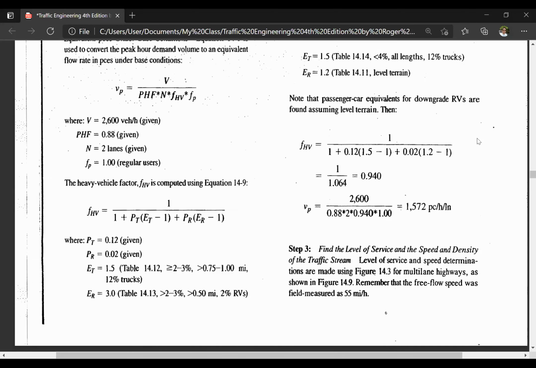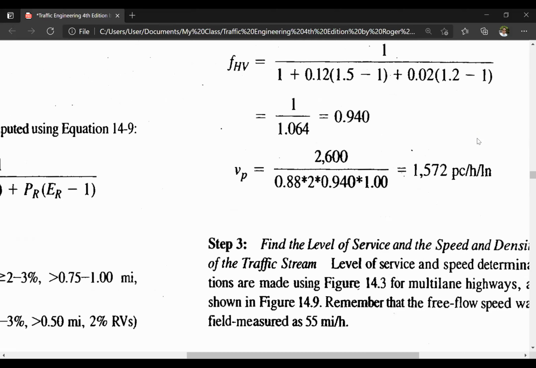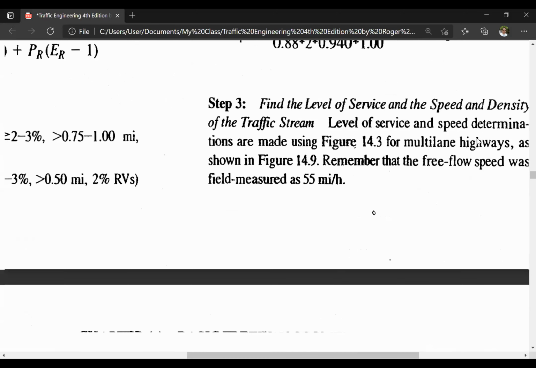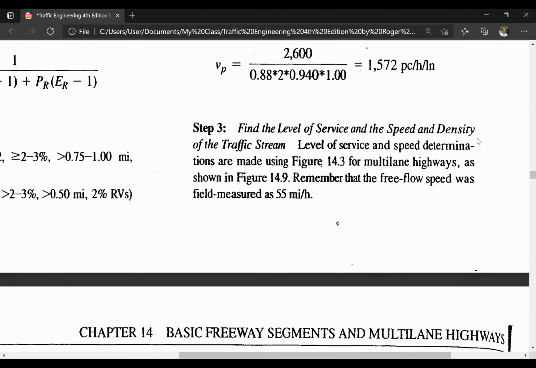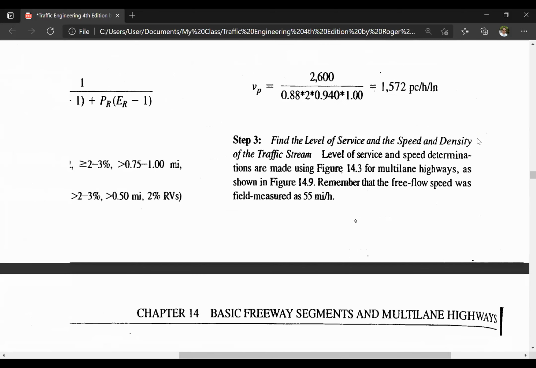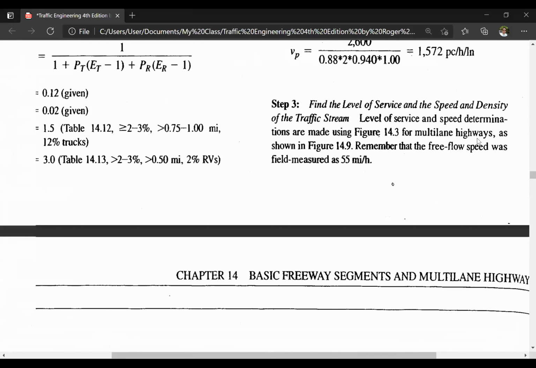Next is to find the level of service, the speed and the density. Look up the equation properly because this is a highway, right?